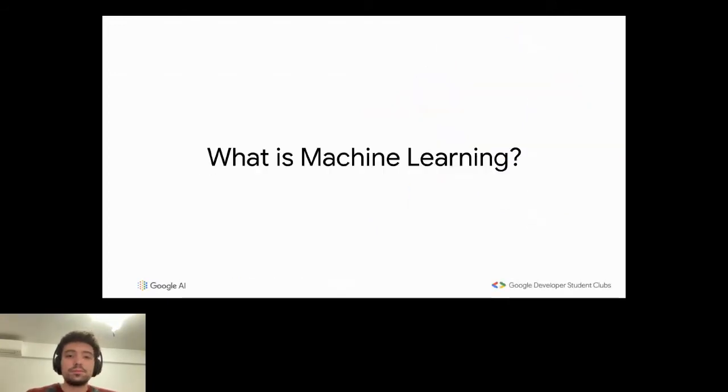Let's start with a refresher, or with one of the most interesting questions nowadays in ML: what is ML? Since many of you already know a bit of machine learning or have attended the beginner's track, why don't you type in the chat the definition of machine learning?